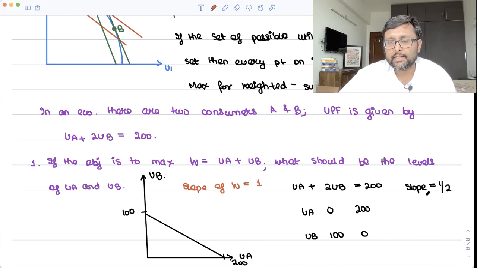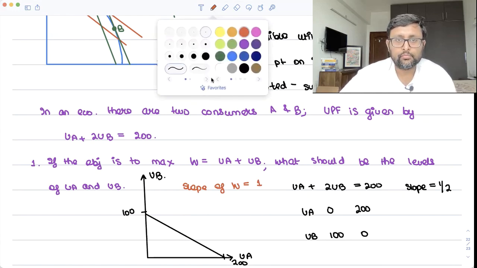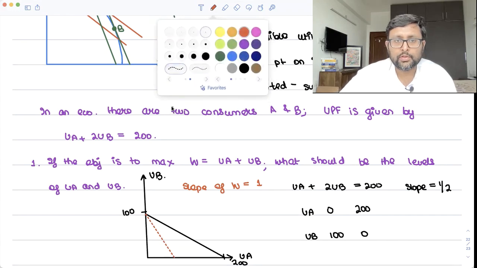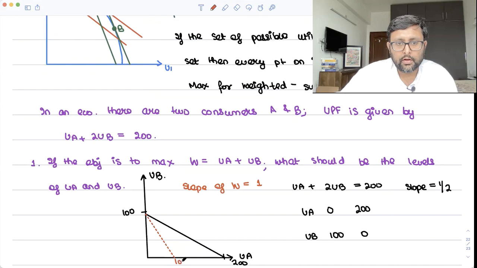Of course it is minus half and minus 1, but I'm just writing the absolute value. So like this. How do I know this? A slope of 1 would be 100 by 100, that is equal to 1, right?